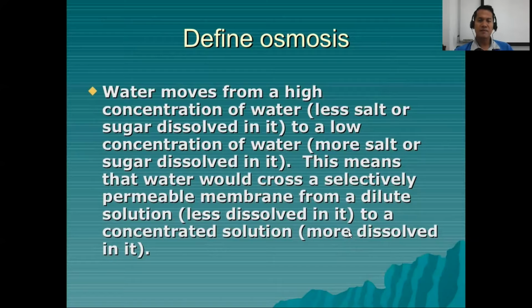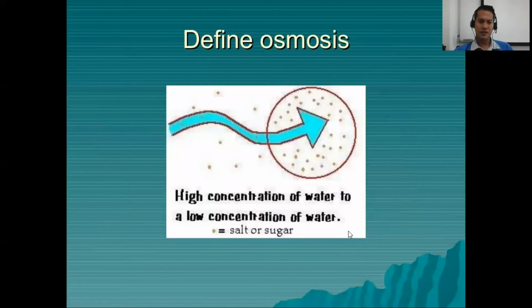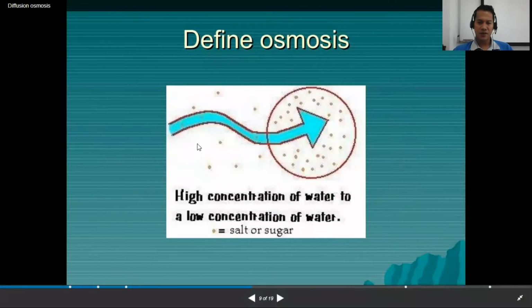So that is osmosis. So let's take a look at this illustration right here. So high concentration of water to low concentration of water. So we have here the salt or sugar, and you can see that this one here is the movement of water from high concentration of water to a low concentration of water.